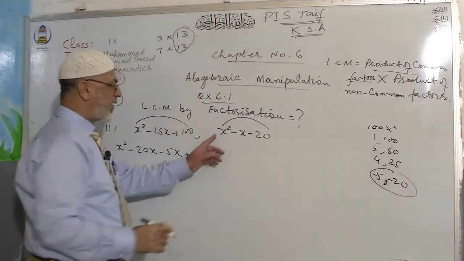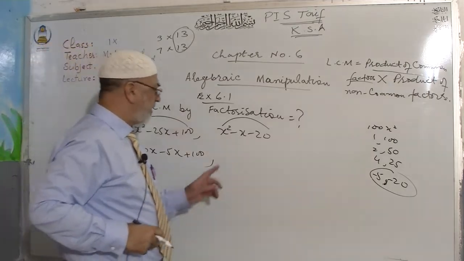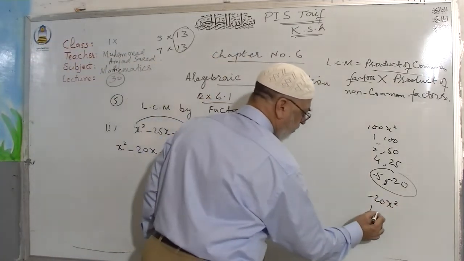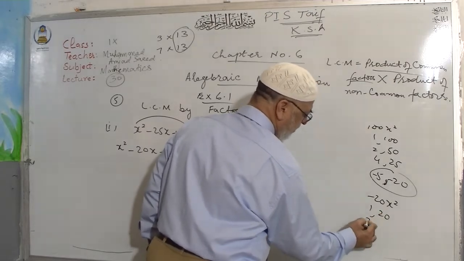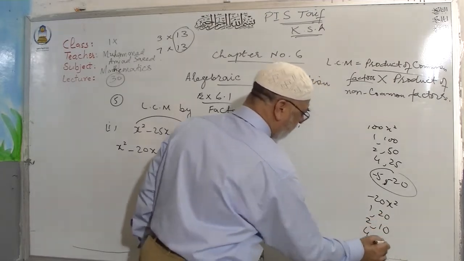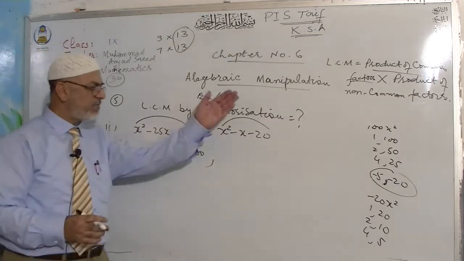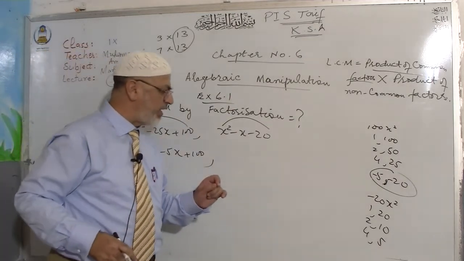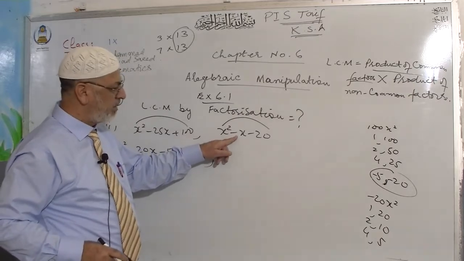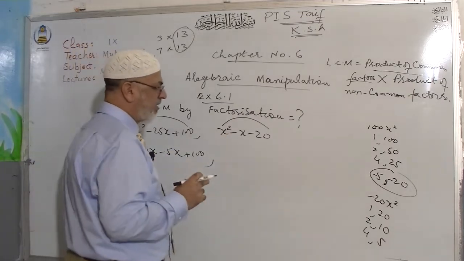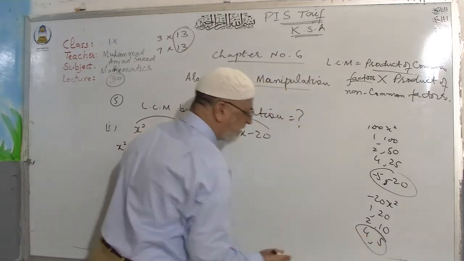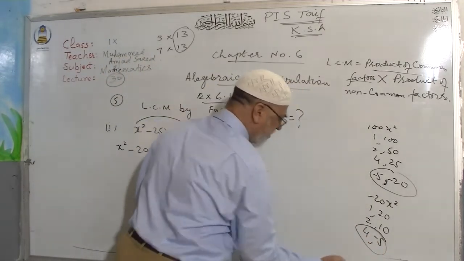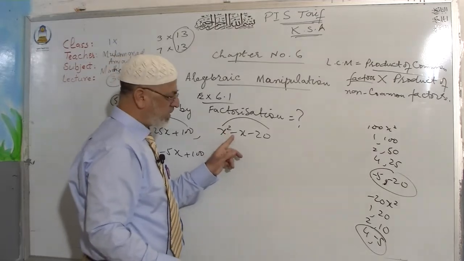Now multiplying first and last, PQ method, minus 20 x square. Make the possible pairs: 1 and 20, 2 and 10, 4 and 5. Dear students, which is the possible pair which, adding or subtracting, is giving you minus 1 and after multiplying minus 20? The bigger component will have this sign, minus.